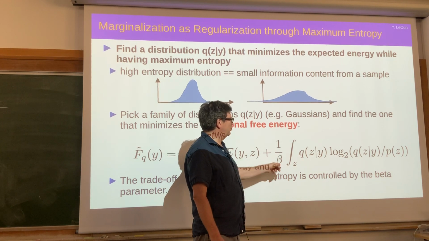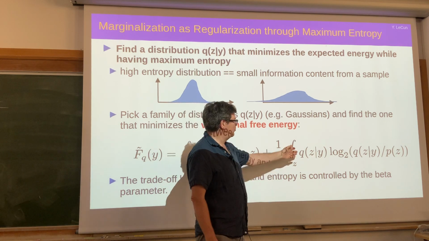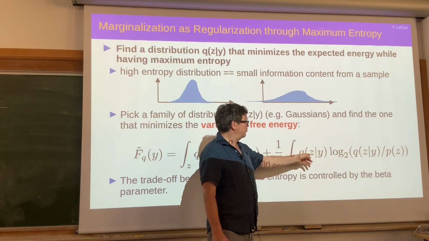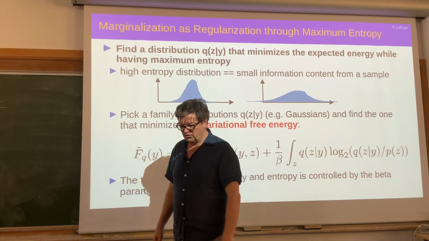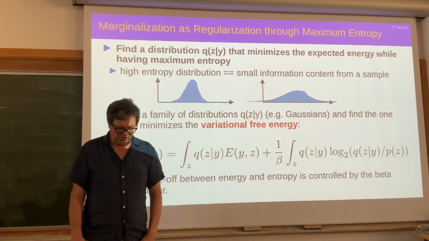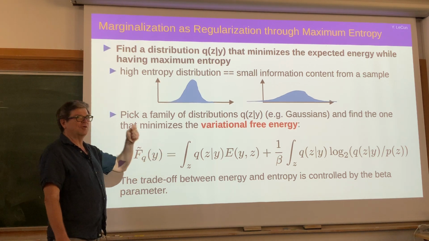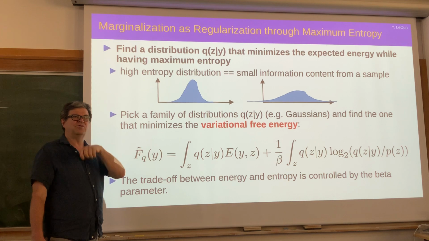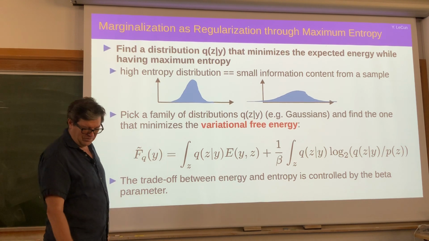And I have a coefficient that modulates the trade-off between the two, which you can think of as the inverse temperature, and that's just the relative entropy of this Q distribution relative to the P distribution. And as Francis talked about earlier, the Q distribution that minimizes this is the Gibbs distribution P of Z given Y, using the Gibbs formula, but it's generally intractable, so you don't do this.